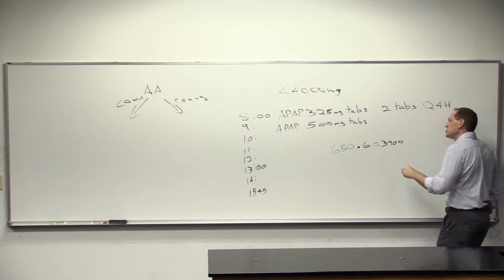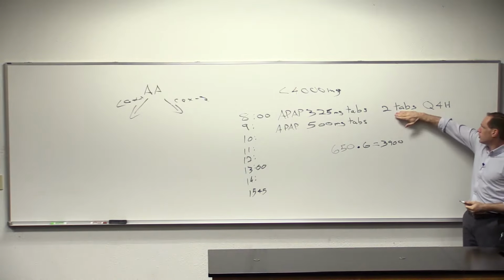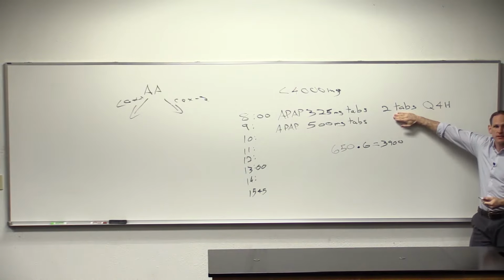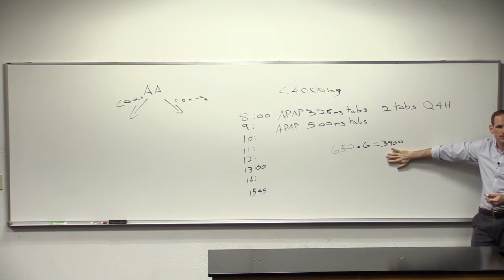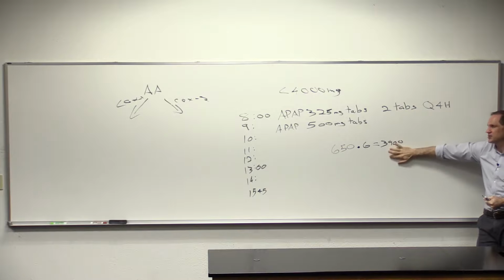All right, so that is just under the maximum safe dose. So an order that says this, that's a safe order, just under. It can be given on that schedule. But could you give this drug an hour early? If you gave it an hour early, it's going to push them over that 4,000 limit.